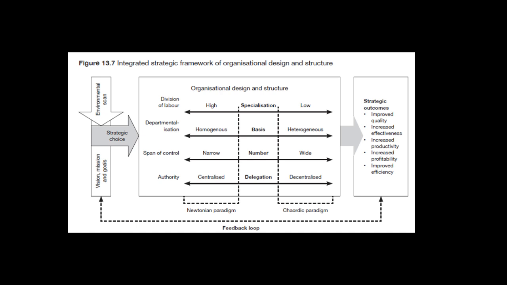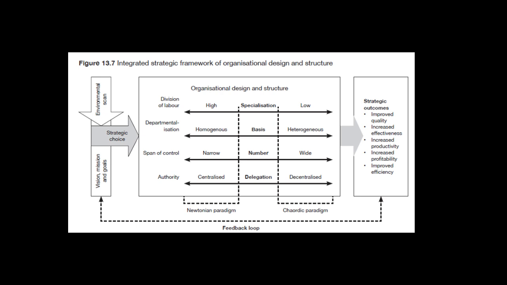Strategic outcomes, what structures should do. Products, productivity, services, and issues around the idea of efficiency and effectiveness and making sure that we create magic for customers. In terms of the structures, these are the traditional elements that define what a structure will look like.